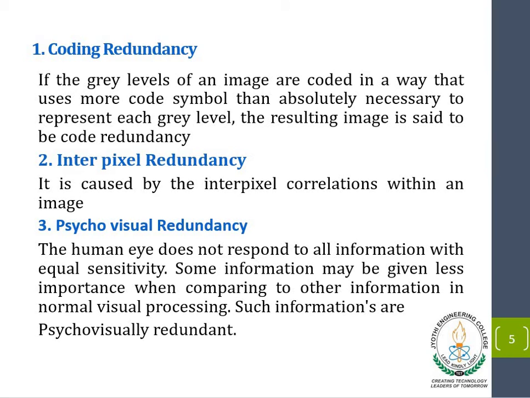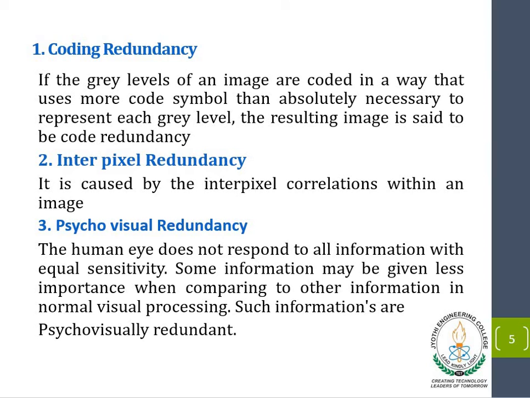The psychovisual redundancy has the following properties. It is related to real or quantifiable visual information, and removal of this particular redundancy will not affect the perceived image quality, while removing the other redundancies may affect the image quality.